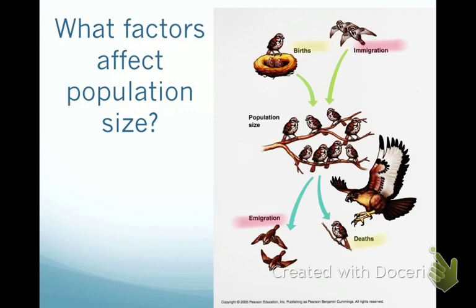Immigration, moving into the population for better resources, some sort of draw will bring new individuals in, or maybe they're being driven out of another area, but that will increase the population size. And emigration with an E, the exiting, that will decrease your population size.